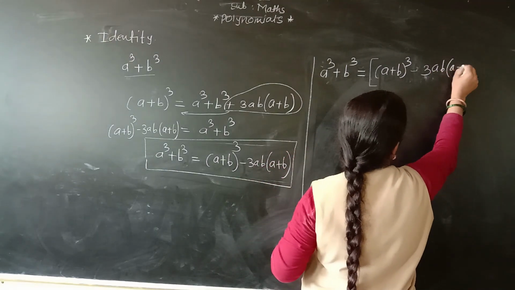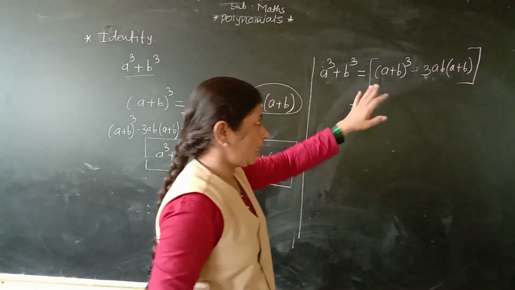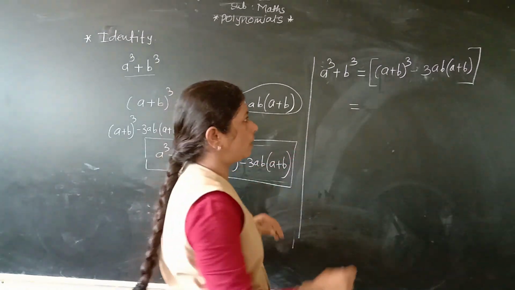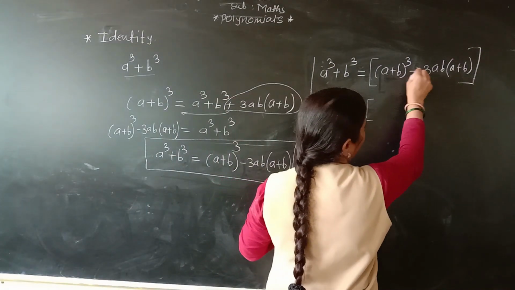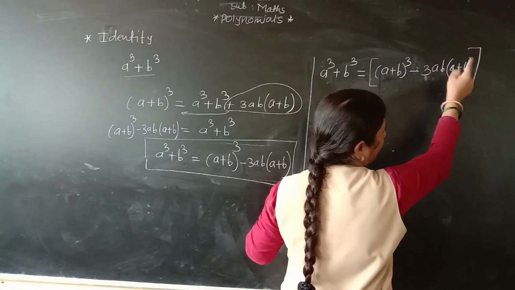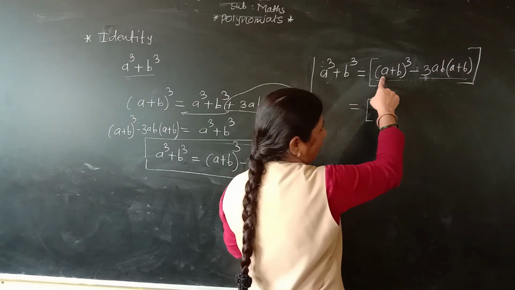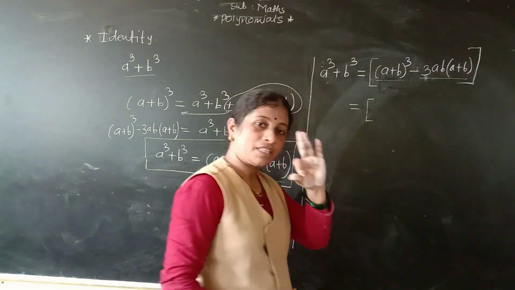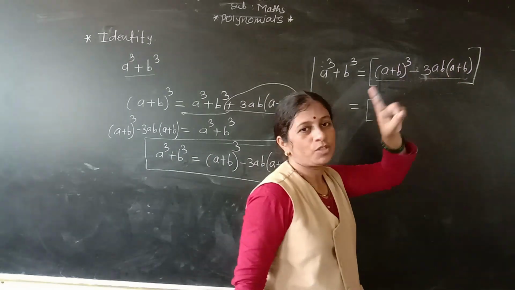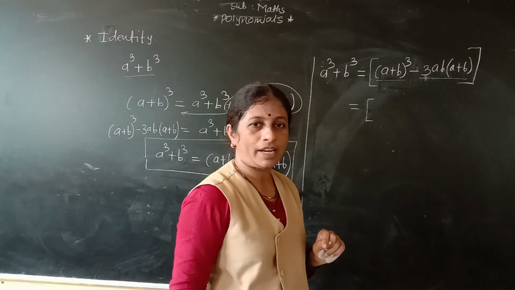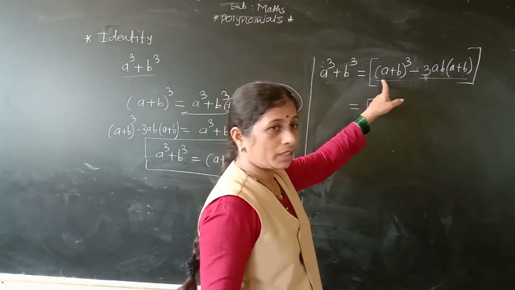Now a plus b bracket cube means, before the negative sign and after the negative sign, here a plus b appears how many times? 3 times. And here a plus b how many times? Only 1 time. So what is the common factor? a plus b, correct?